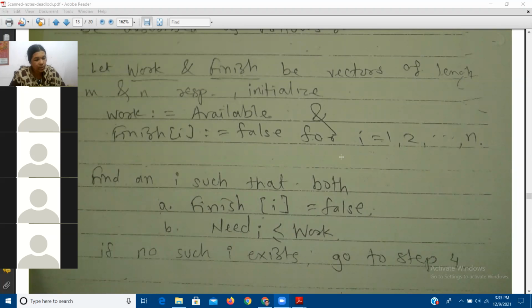Rahul Gupta has posted one more sequence: P1, P4, P3, P2. So you have not written the last process name. P1, P4, P3, P2, and P0, right?